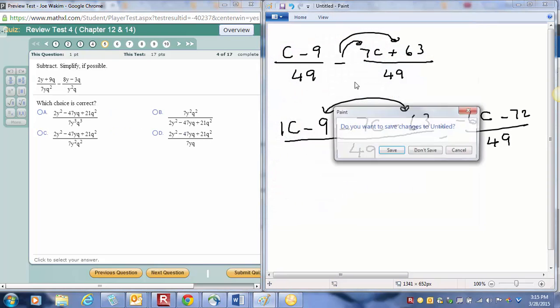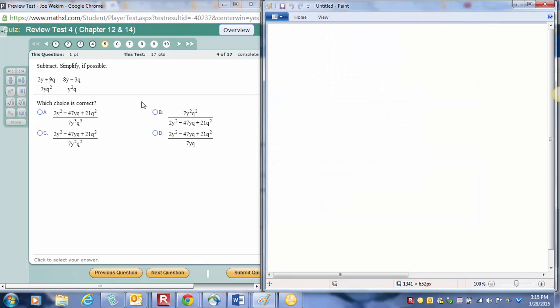On number 5, I have to subtract. Again, you notice that this is 7yq squared, this is y squared q. So what I need to do here is multiply here by y. If I multiply here by y, I would get 7y squared.